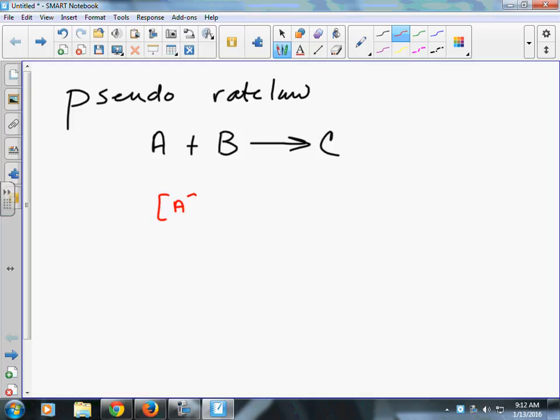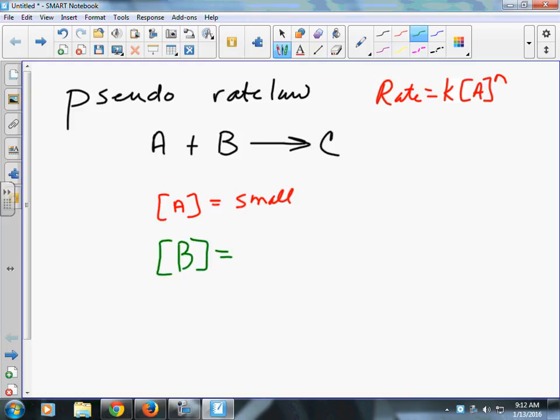For example, if we want to determine data based on A, like if we want rate equals k[A] to whatever order, then we would make the concentration of A relatively small, and then we would make the concentration of our other reactant B very large. Very large.